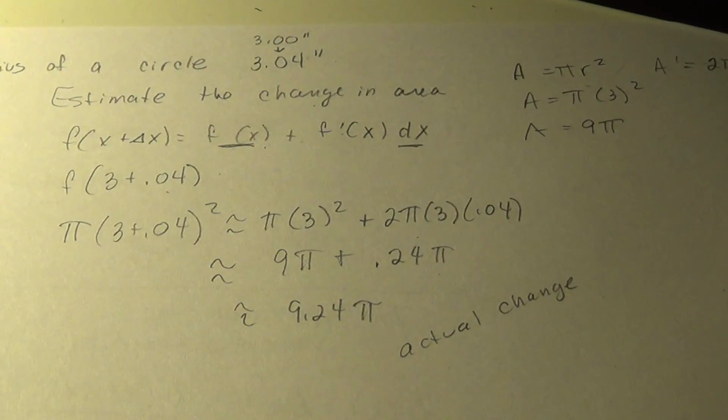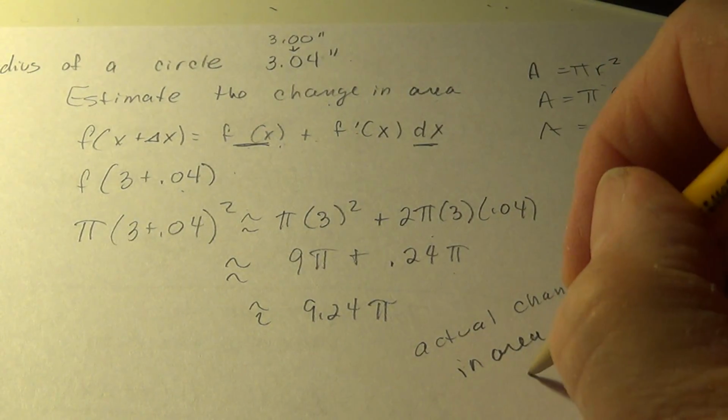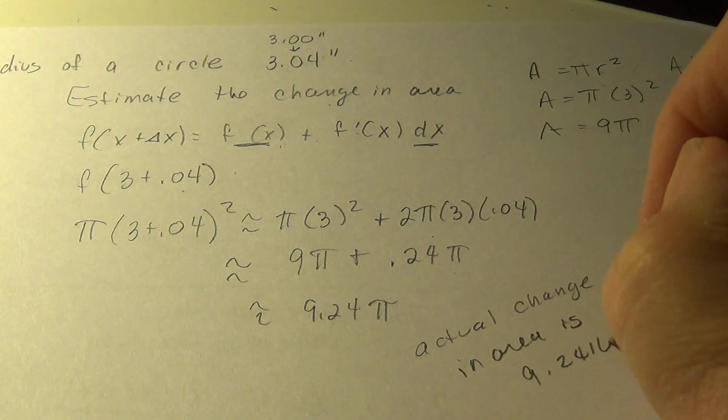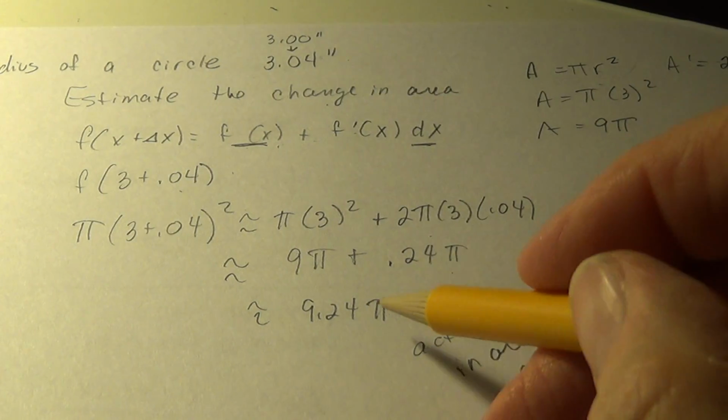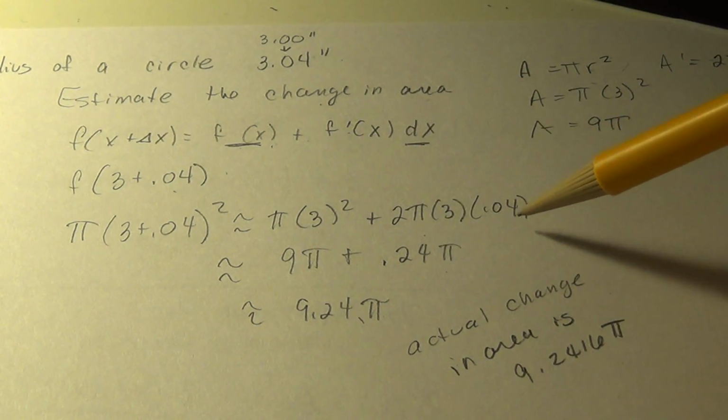The actual change in area is 9.2416 pi. So you can see that this approximation is very close.